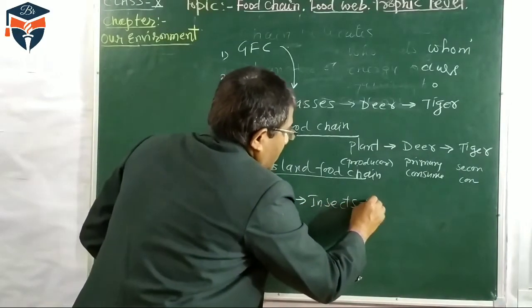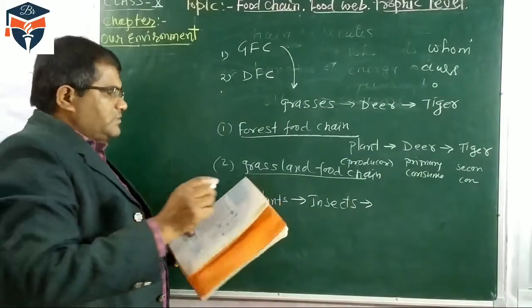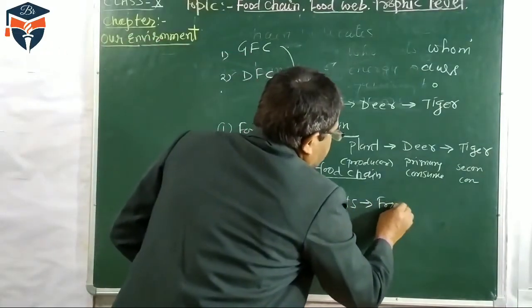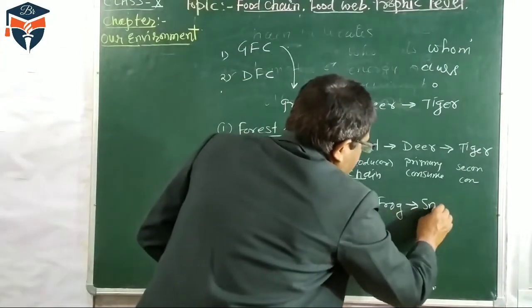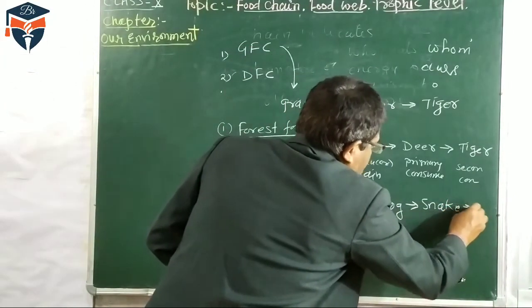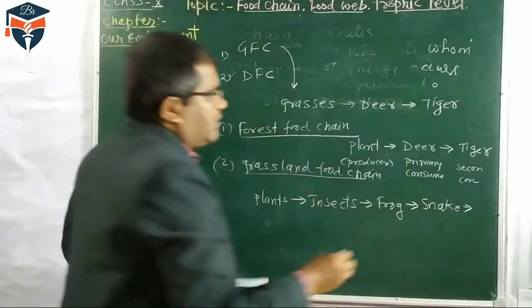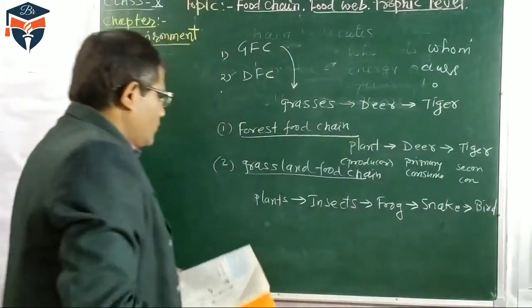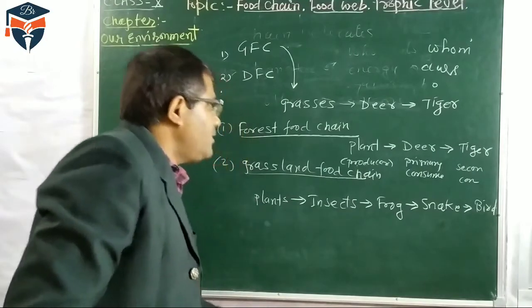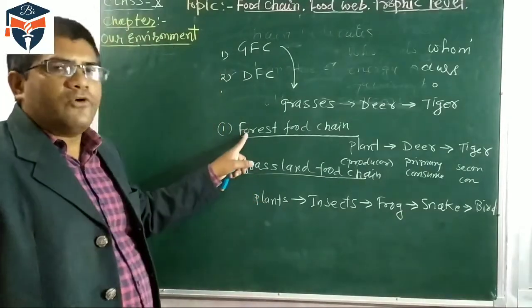Insects are feeding on the grasses, then insects are fed on by frogs, frogs are fed on by snakes, and snakes are eaten by birds. This type of food chain occurs in the grassland ecosystem, as the earlier one was in the forest ecosystem.